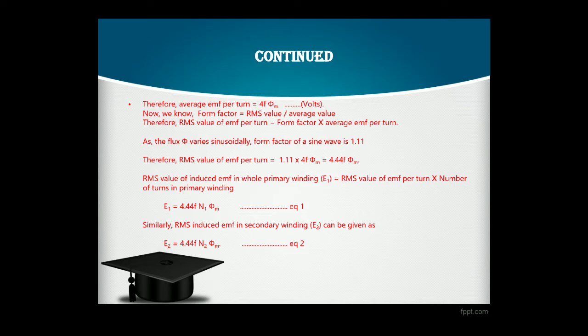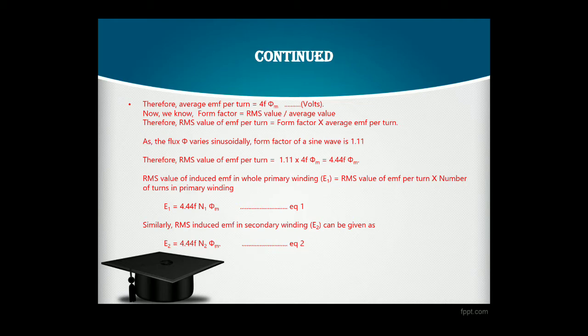So E1, the induced EMF in the primary winding, equals 4.44 f N1 phi m. Similarly, the RMS induced EMF in the secondary winding, E2, is 4.44 f N2 phi m.